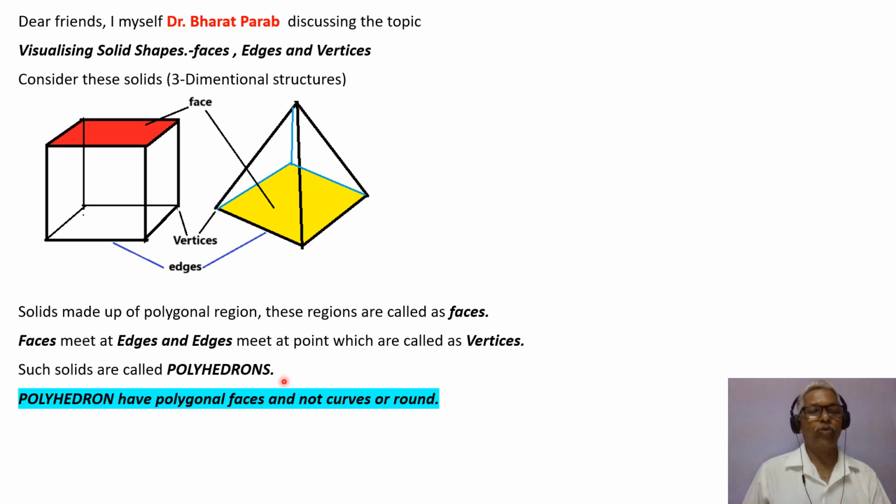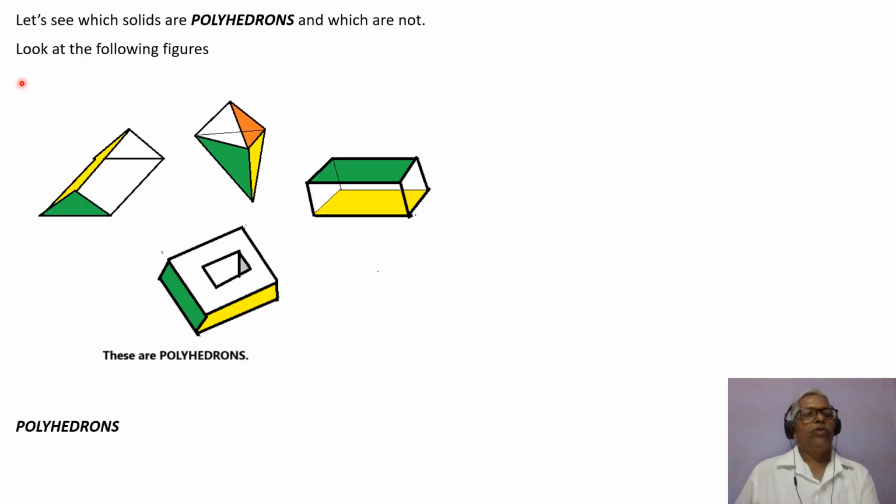Okay. Try to understand this. So after having studied the definition of polyhedrons, we will see which are polyhedrons and which are not. So look at these figures. These all four, if you apply the definition, you will see that these are polyhedrons.